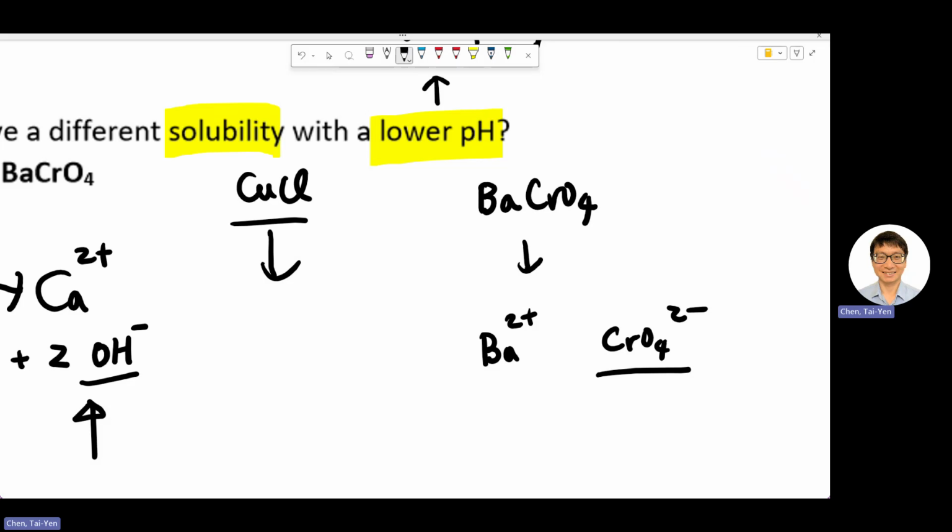Therefore, in this case, the solubility will increase as well. Okay, so this is a fundamental logical way of thinking to solve a question like this. You go back down to whether you can recognize that the anion you have is neutral, a strong base, or a weak base. Okay, so this is the question that I wanted to go through for you.